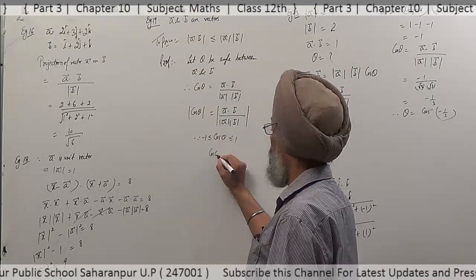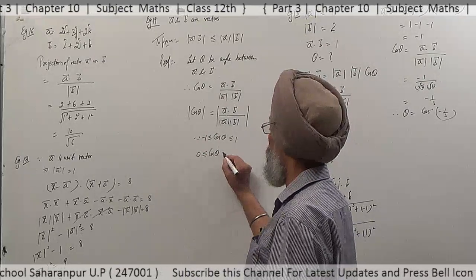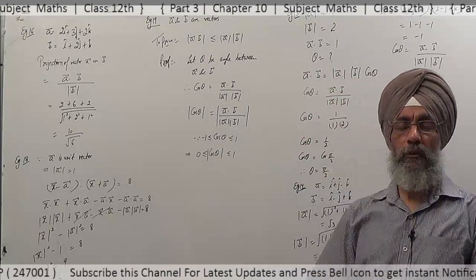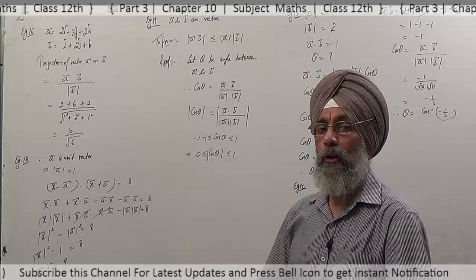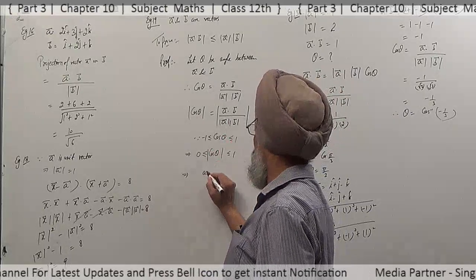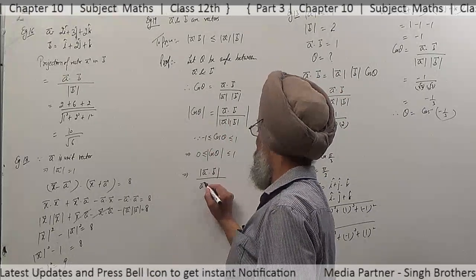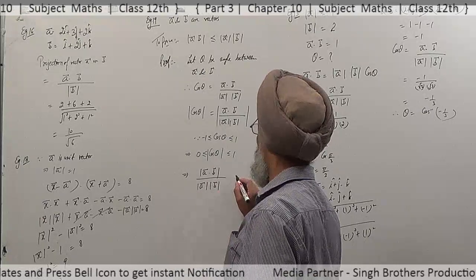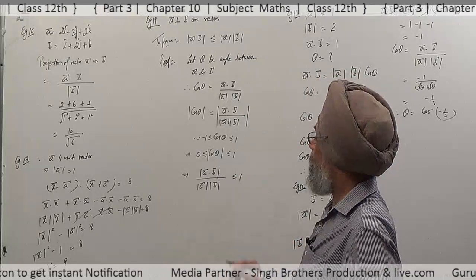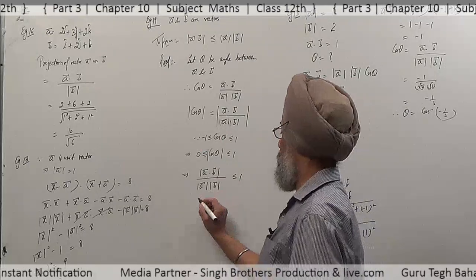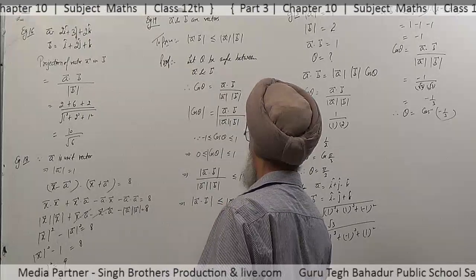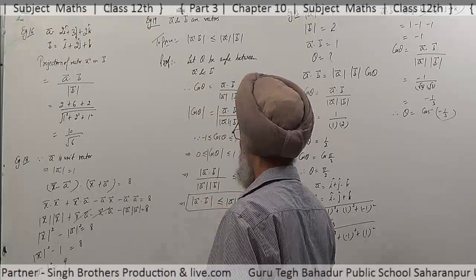If we take the mod sign here, only the positive values remain, so the value of mod cos theta lies from 0 to 1, which is always positive. So it implies that the magnitude of A dot B upon magnitude of A, magnitude of B is less than or equal to 1, because mod of cos theta is less than or equal to 1. So it implies the magnitude of A dot B is less than or equal to magnitude of A times magnitude of B, and that is what we had to prove here.